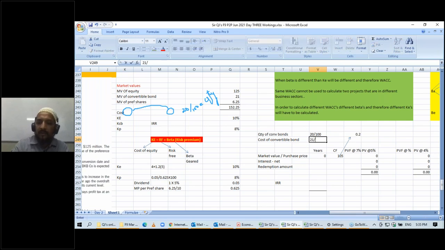Now 21 million divided by 0.2 million convertible bonds. This gives you the market price, which is 105. So you could have done this directly as well in this way: 21 multiplied by 100 divided by 20.